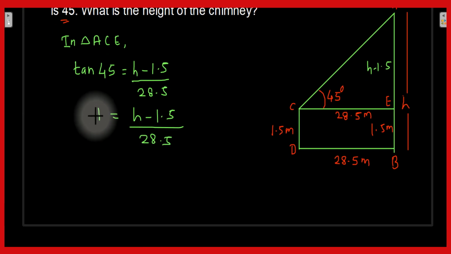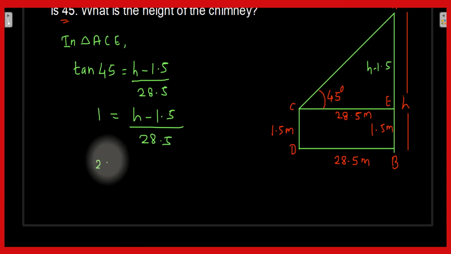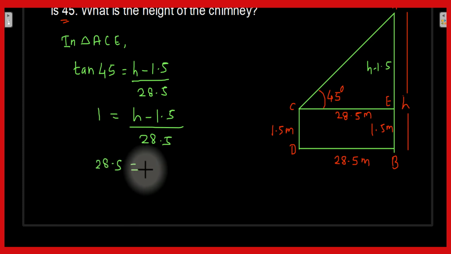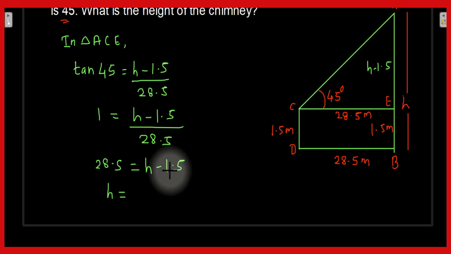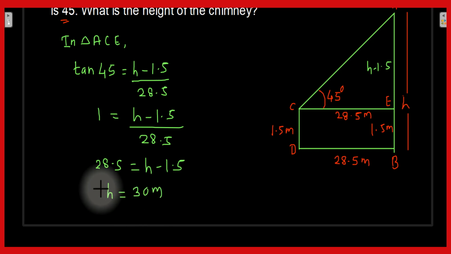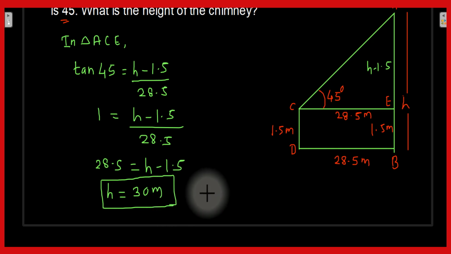Take 28.5 to this side, so it will be 28.5 into 1, that is 28.5, equal to H minus 1.5. Take 1.5 to this side, so H is equal to 28.5 plus 1.5, that is 30 meter. And so friends, the height of the chimney is 30 meter.